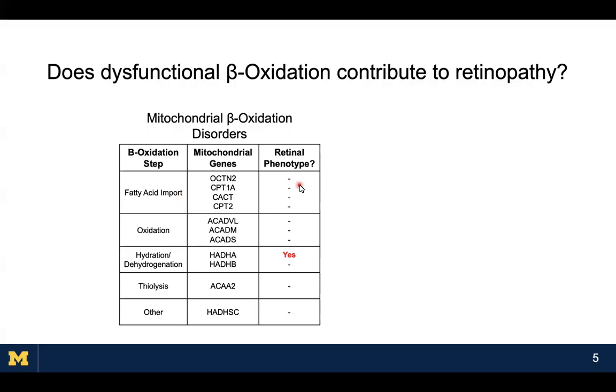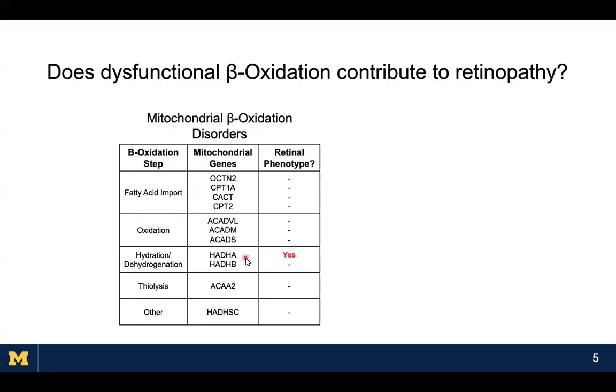And on the right, each dash says no, there is no retinal phenotype, as patients that have mutations in these genes do not present with a loss of vision or retinal degeneration. There is, however, one single mitochondrial beta-oxidation disorder that does result in a retinal phenotype, and this is specifically RPE atrophy. It's a mutation in the HADHA gene involved in the hydration and dehydrogenation step.